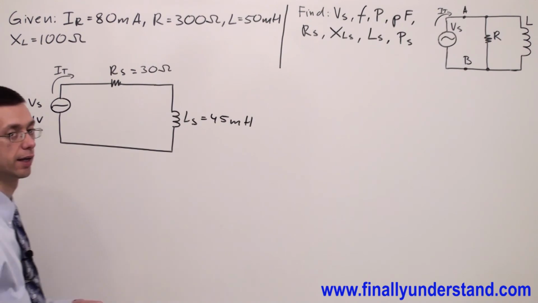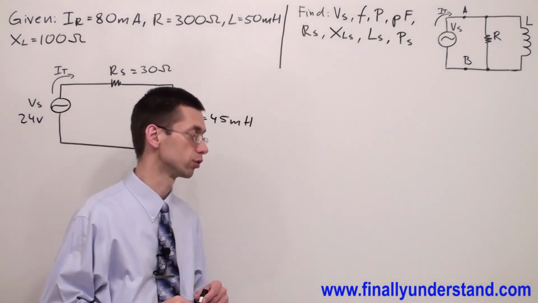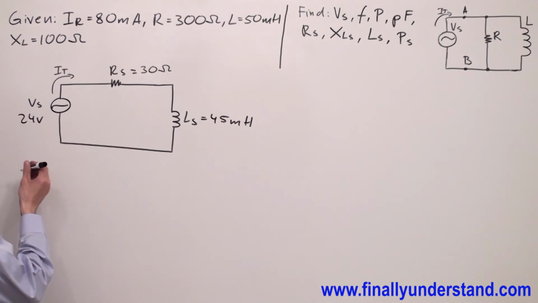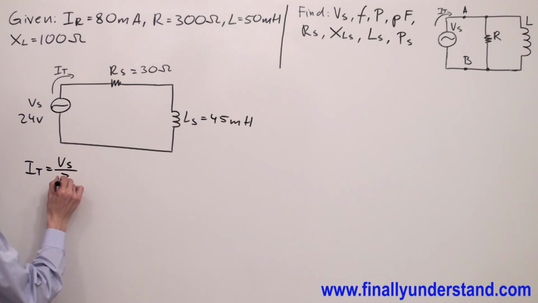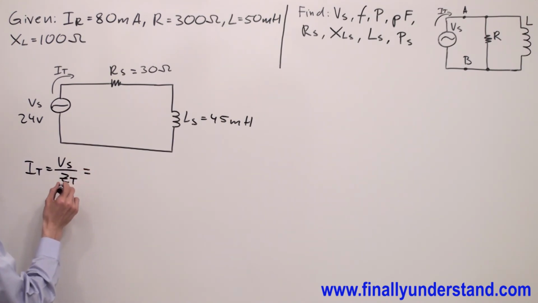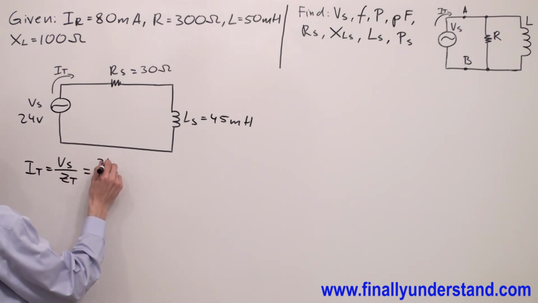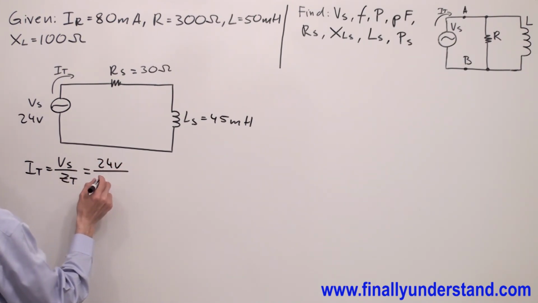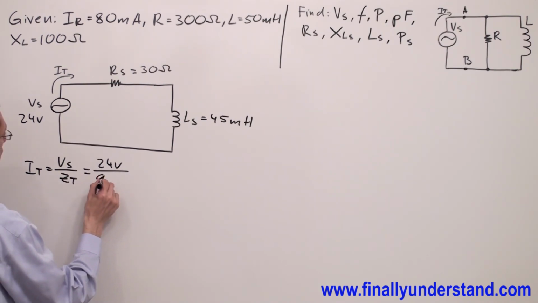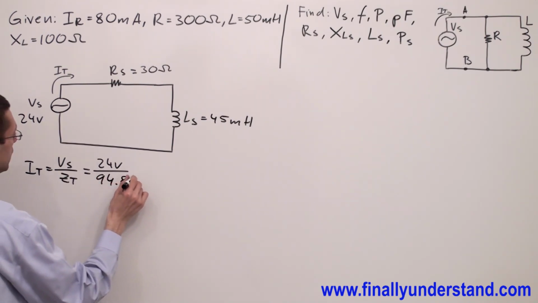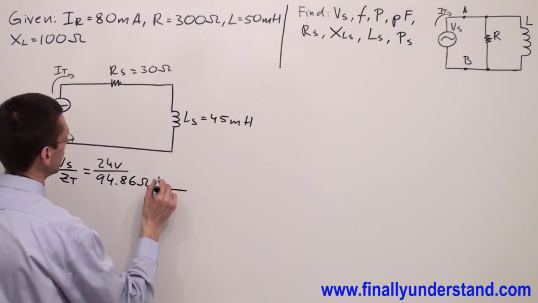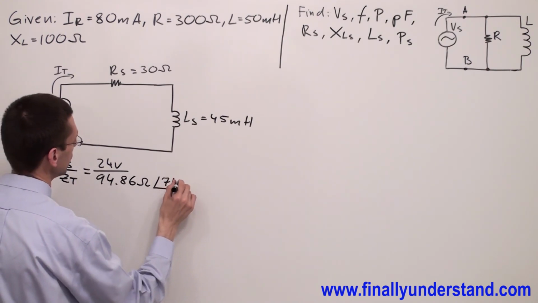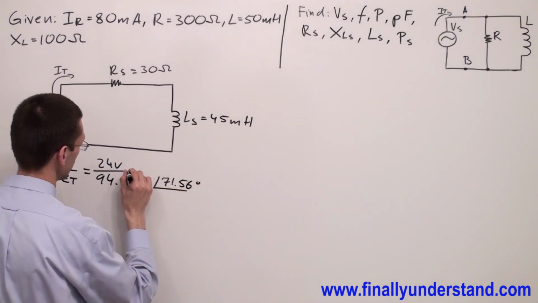In order to find I total, we're supposed to simply use Ohm's law. I total is equal to the voltage source over Z total, where the voltage source is equal to 24 volts and Z total is equal to 94.86 ohms at an angle of 71.56 degrees.